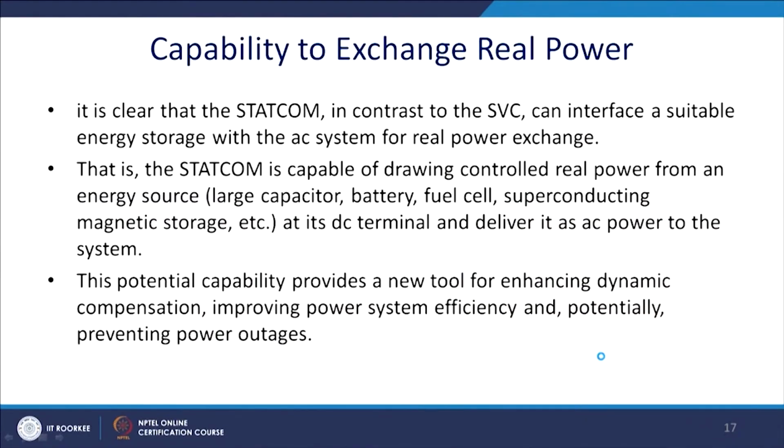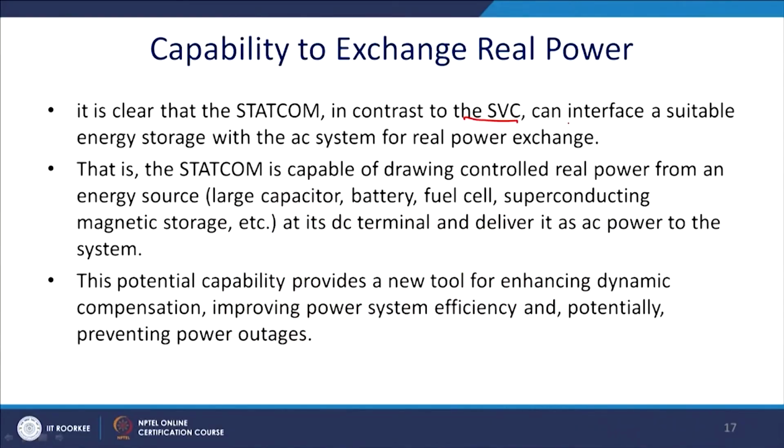Now, let us come to the next topic, that is the capability to exchange real power. Though we have considered that in the STATCOM the shunt capacitor does not hold any real power, it is clear that the STATCOM, in contrast to the SVC, can interface with a suitable storage element for real power exchange with the AC system.